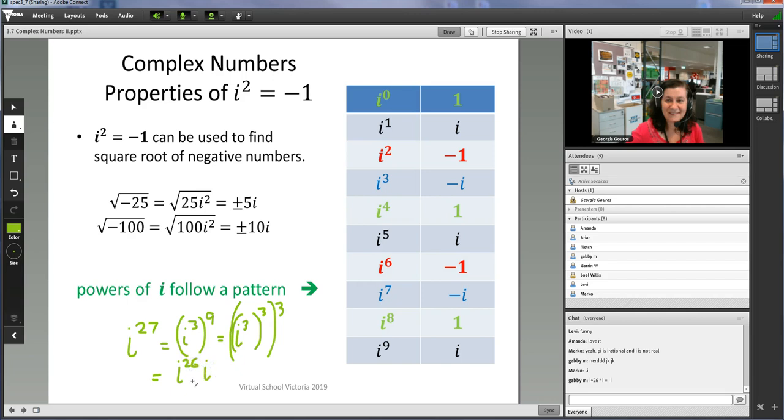Or I could write i to the power of 24, and then put i to the power of 3, because I can see here that any factor i to the power of 4 is going to be equal to 1. So that's 1 times i to the power of 3, which is negative i.